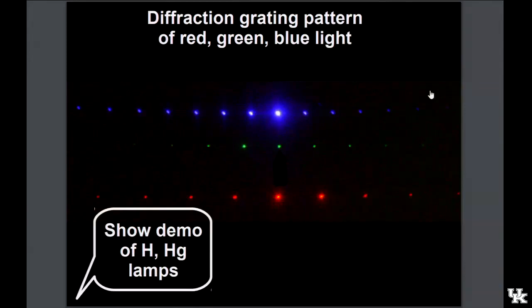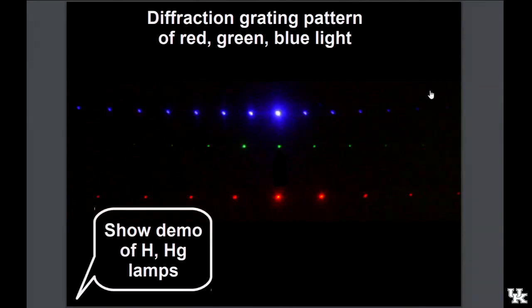Anyway, what you're seeing, let's take the blue diffraction pattern. Here's a bright fringe in the middle. What about these two bright fringes or spots on the left and right? Those occur where the path from every single slit, so you might have 1,000, 10,000 slits, is different by whole numbers of wavelengths.